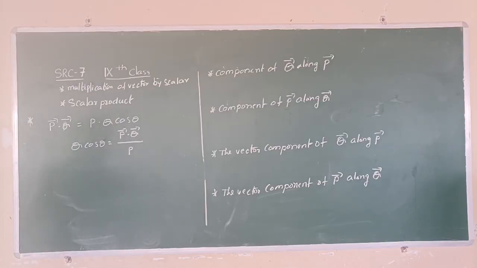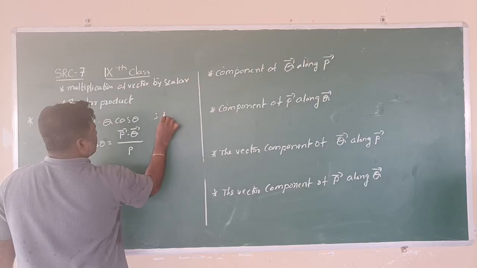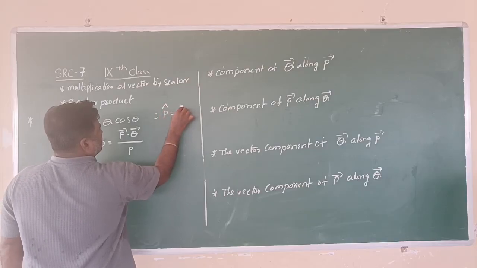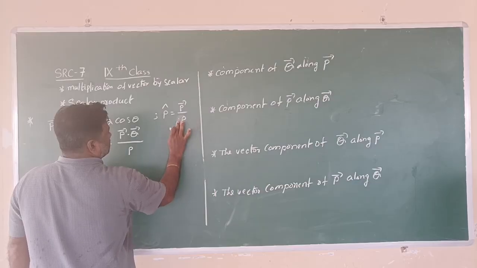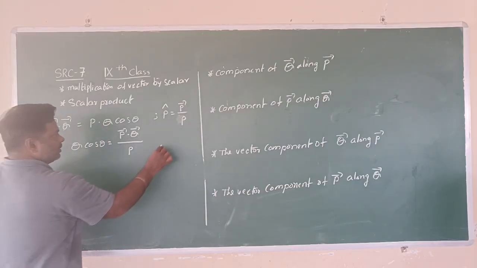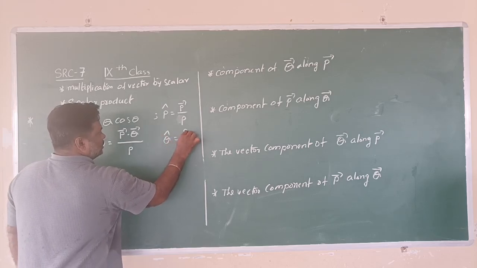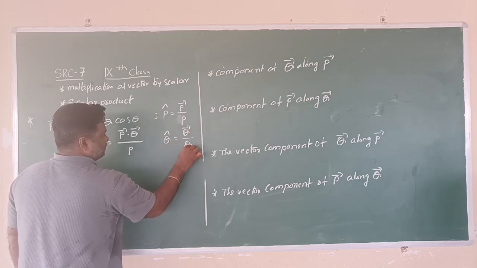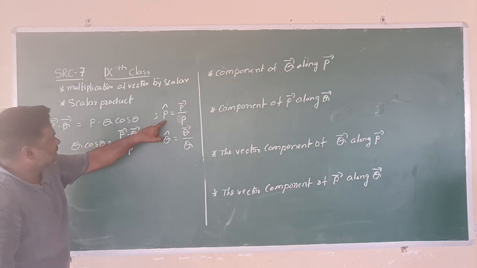P. And one more formula we know. What is that? P cap is equal to P bar by modulus of P, I mean P. Okay, this already I told. And Q cap is equal to Q bar by Q. So observe here, you got a P bar by P. Then you can write P cap.